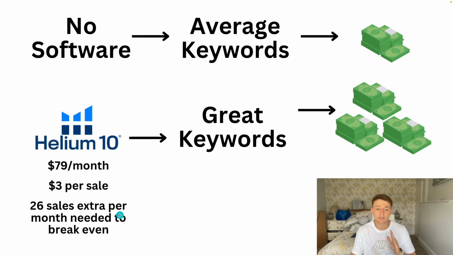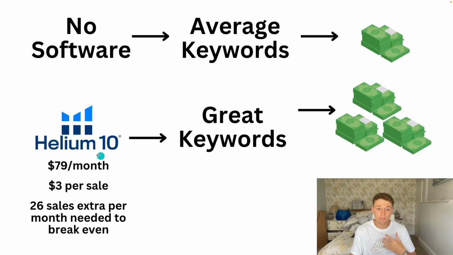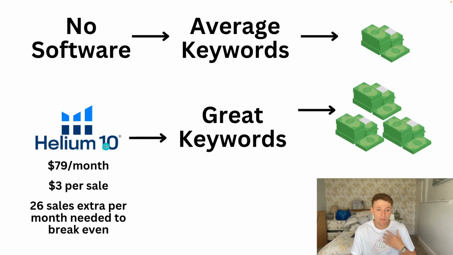Because I get $3 per sale, I literally only need to make 26 additional sales to what I was doing before Helium 10 per month to make my money back on this investment. So I literally need to sell less than one book per day extra from Helium 10 to make this a good return on my investment. So basically what this is saying is if I'm making more than one extra sale because of these amazing keywords, which, spoiler alert, I absolutely will because there's so much value in this data, I'm going to make my money back.